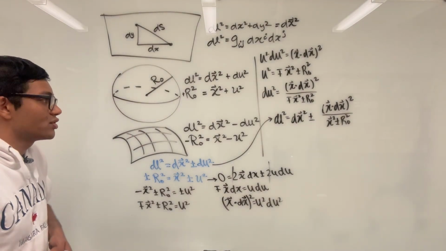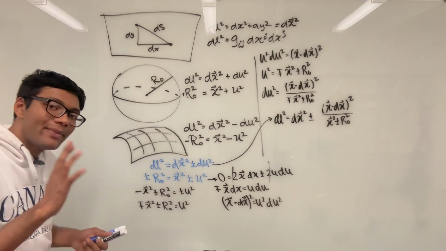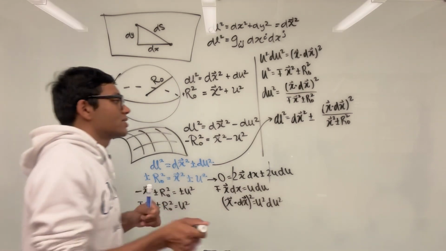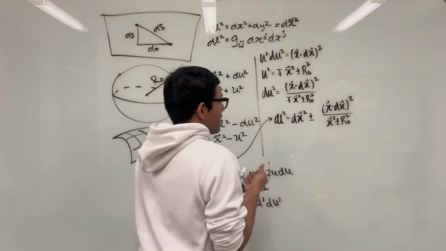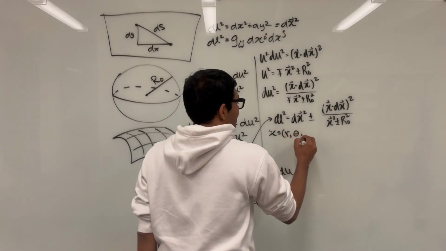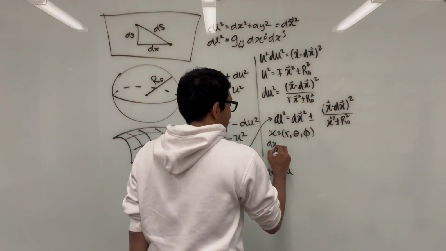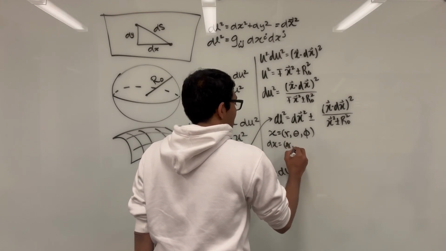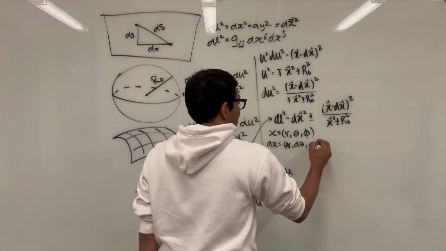Now we're going to transition into spherical coordinates to make this easier to describe. So that's going to be as follows. First, I'm going to say that x is given by the coordinates r, theta, phi, so that dx is given by the coordinates dr, d theta, d phi.